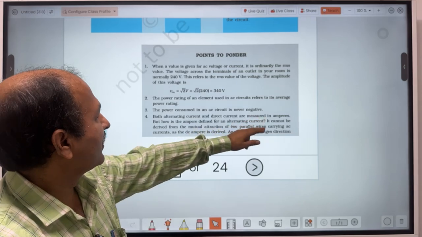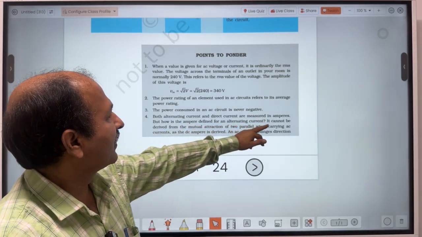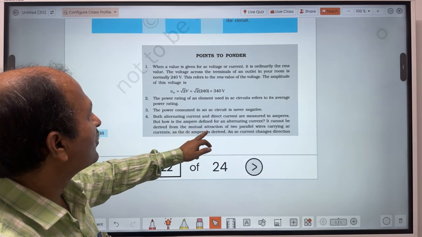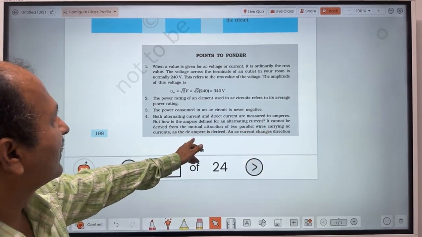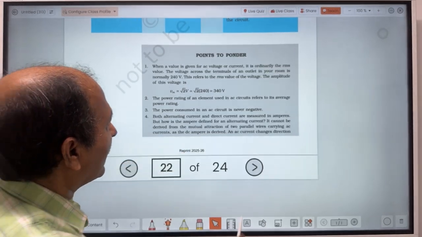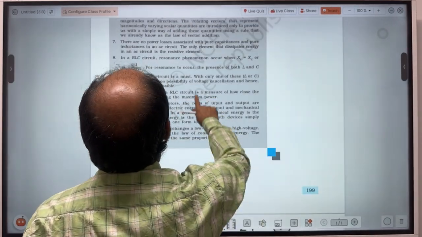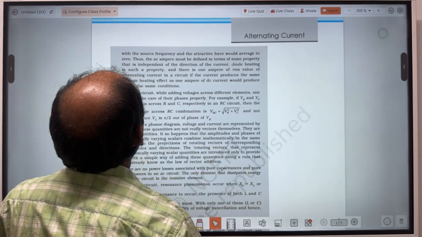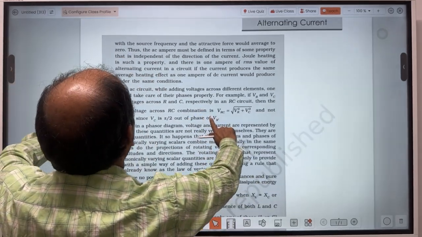Both alternating current and direct current are measured in amperes, but how is the ampere defined for an alternating current? It cannot be derived from the mutual attraction of two parallel wires carrying AC current as the DC ampere is derived. AC current changes its direction, right? So with the source frequency, the attractive force would average out to be zero.